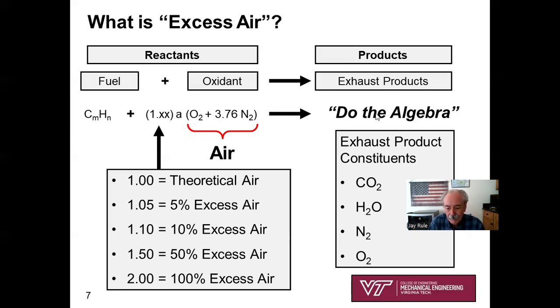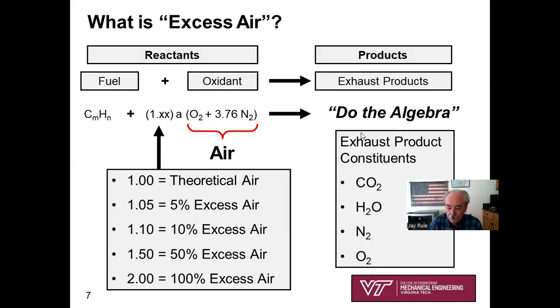Do you see that if we do this, we're going to have some oxygen left over. In my slide, I've mentioned exhaust products, do the algebra. I'm not going to show the algebra right here, because you have the ability to do the algebra if you know what A is, and you will, and if you know what 1.XX is.